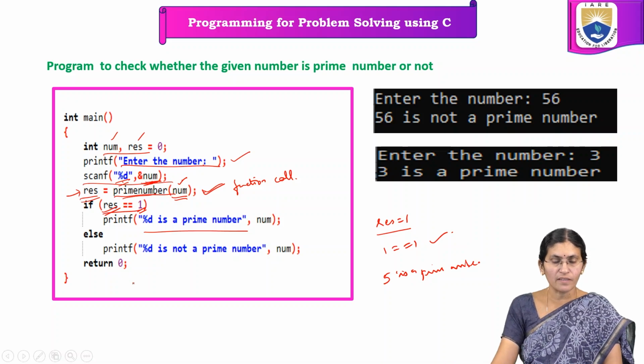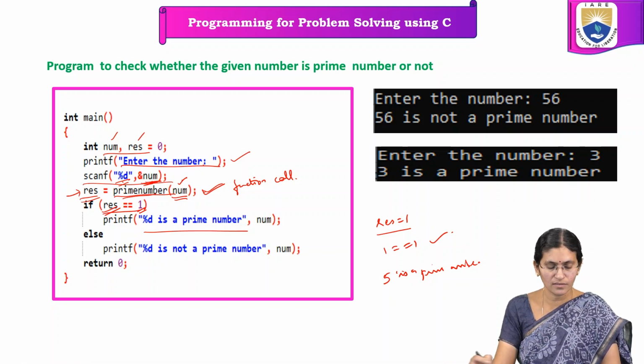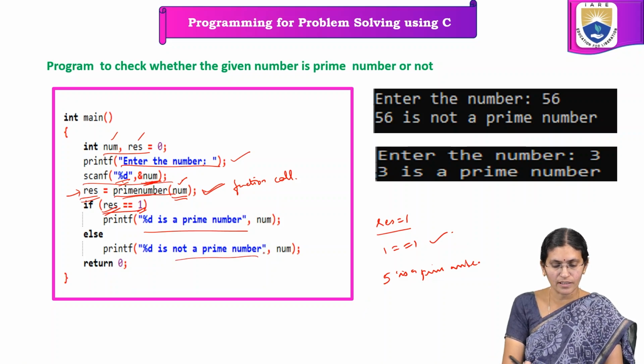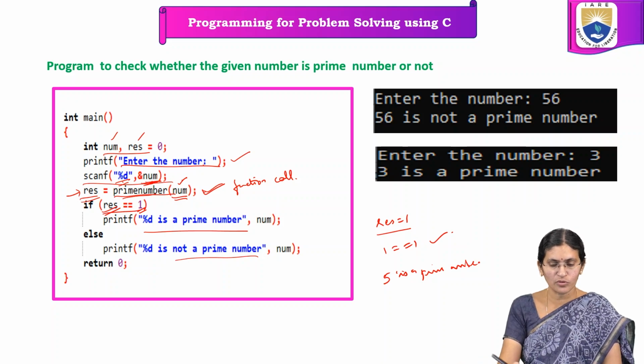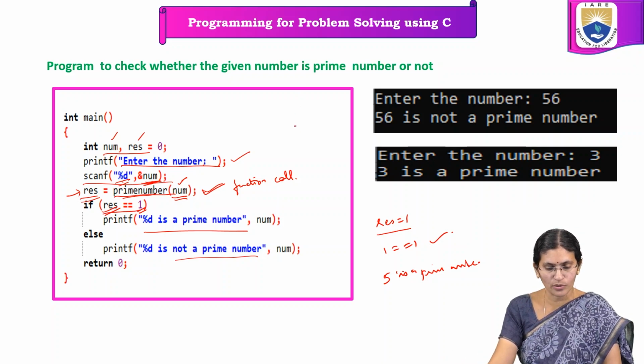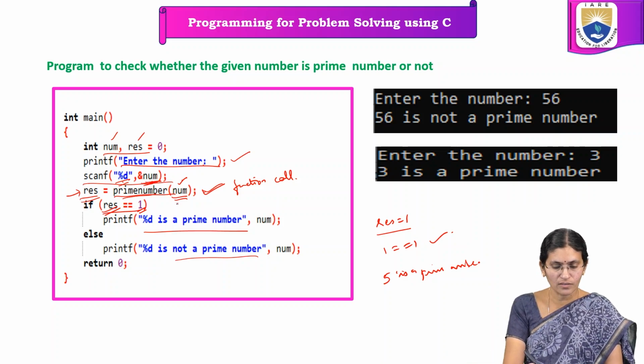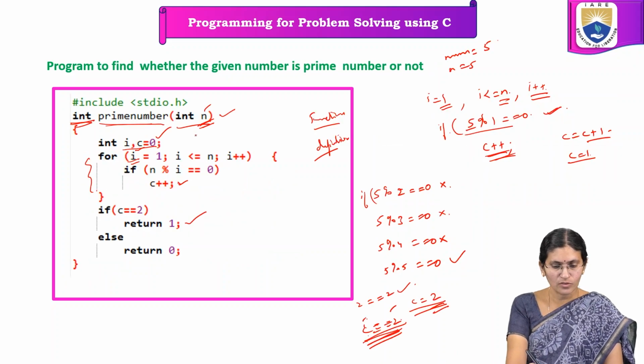If you pass any other number, for example any even number, you will get that the number is not a prime number. This is how we can write the program to check whether the given number is prime or not using user-defined functions. We are passing the given number to the function as an argument.